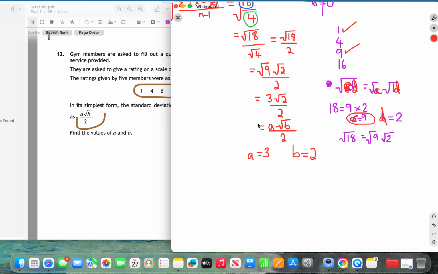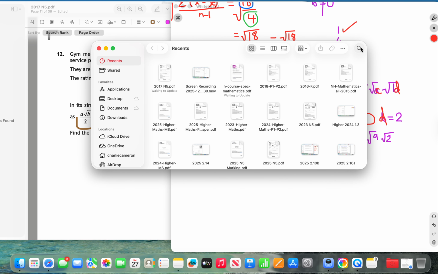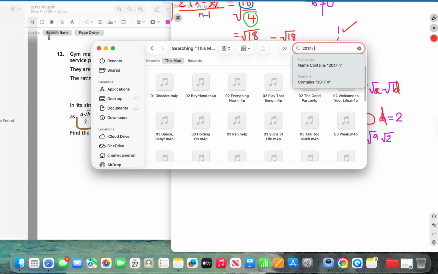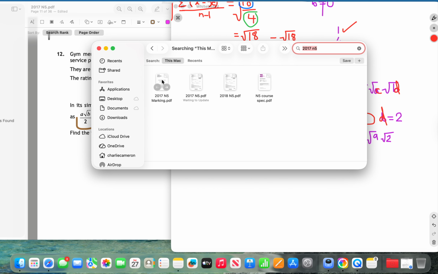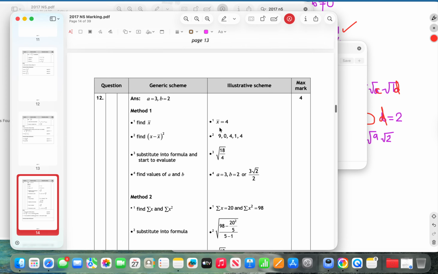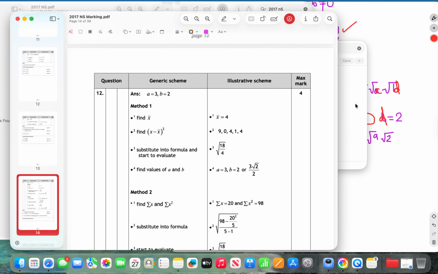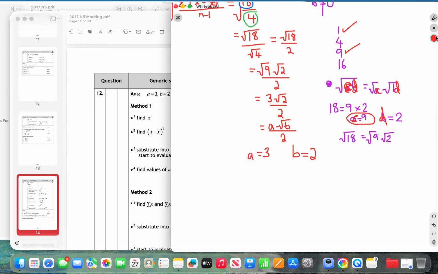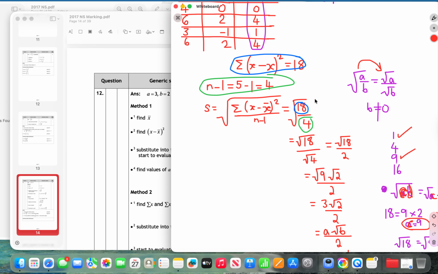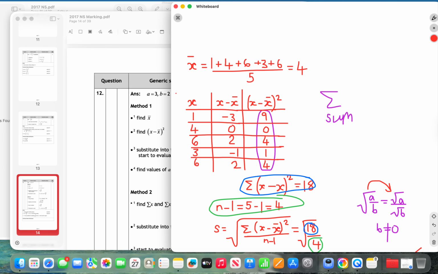So let's have a look at how the SQA would mark this question. So the first mark would be for getting the sample mean x bar is 4.